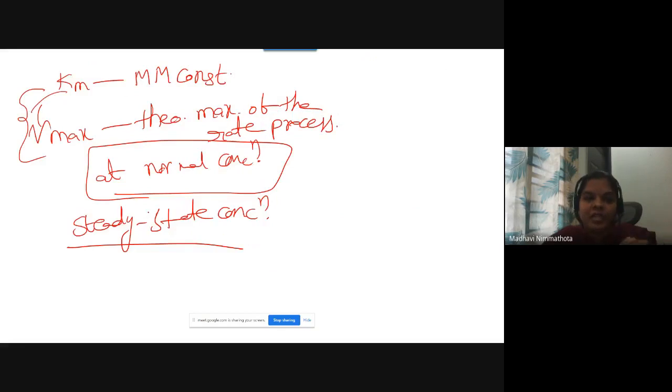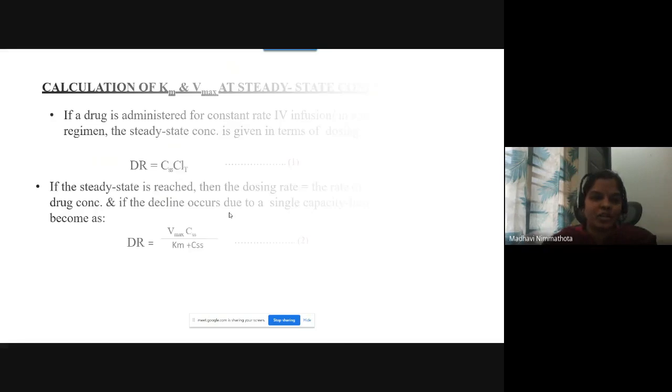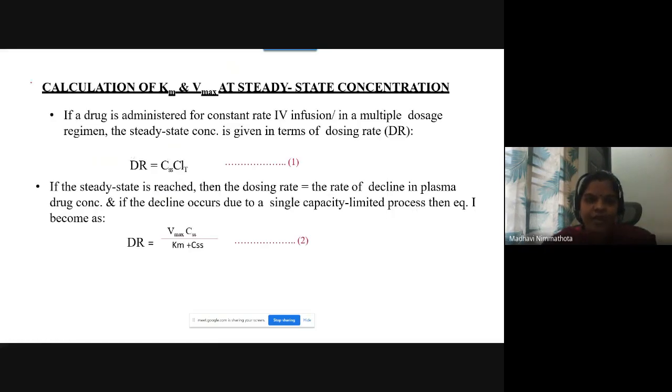And this Km and Vmax can be estimated at steady state concentrations also. What are those? Calculation of Km and Vmax at steady state concentration.